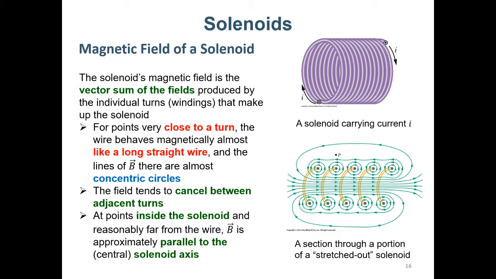Okay. So this one is about the solenoid. So we talk about the magnetic field generated by a solenoid. The solenoid's magnetic field is the vector sum of the fields produced by the individual turns, or we can call them windings, that make up the solenoid.